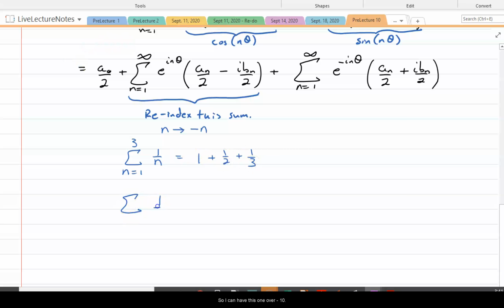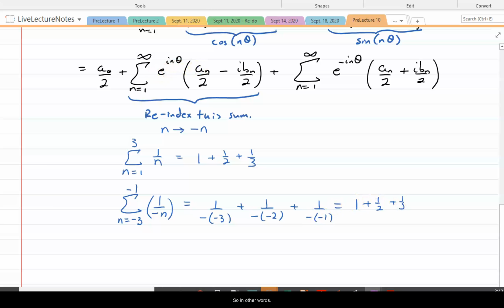So I could have this 1 over minus n, right? But then I have to have n going from minus 3 up to minus 1. The first term, n is equal to minus 3. That's 1 over minus minus 3, plus 1 over minus minus 2, plus 1 over minus minus 1, which is again 1 plus 1/2 plus 1/3.